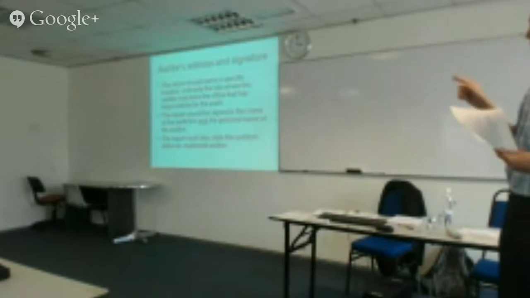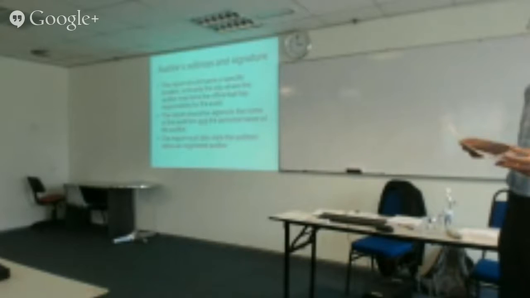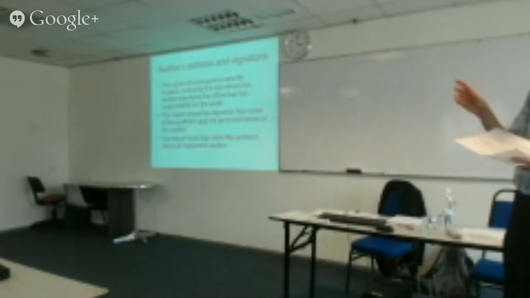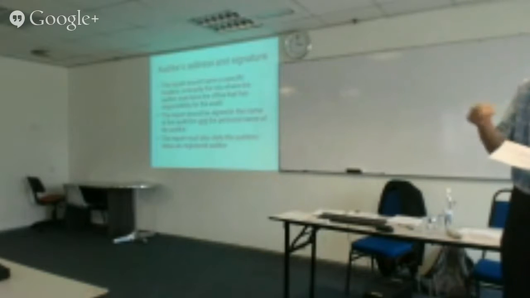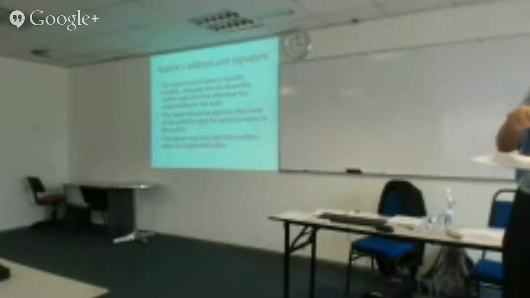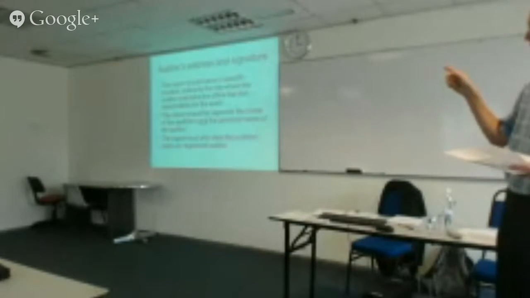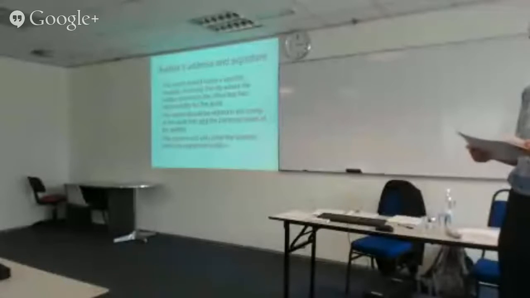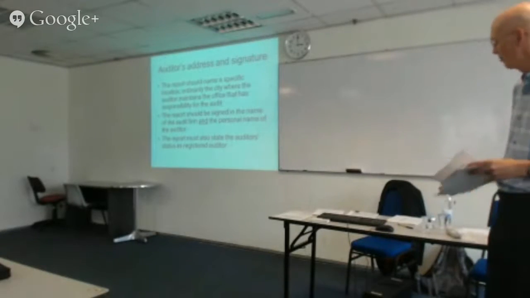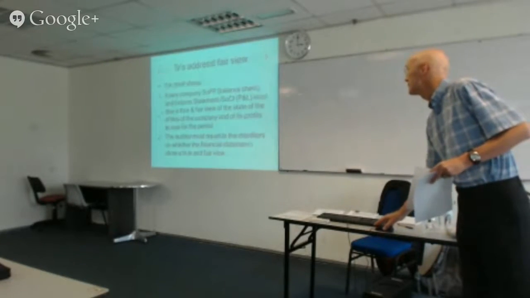And what we do these days, and I still think of this as being relatively new, is you sign in the name both of the firm, but it also identifies the individual who has provided that signature. You used to just sign, for example, PricewaterhouseCoopers, but now you'd have to sign D. Newman, PricewaterhouseCoopers, and at least in the UK, we also sign registered auditor. So that's the very bottom, assigning responsibility.